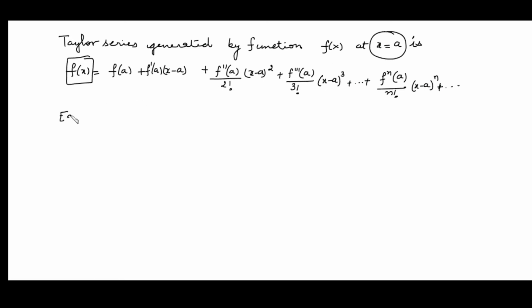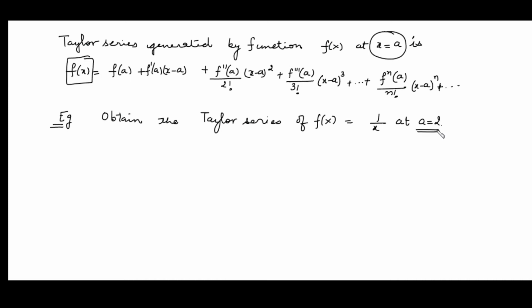Now for example, obtain the Taylor series of the function f(x) is equal to 1 over x at a is equal to 2. Now just see, what is given to you? f(x) is 1 over x, a is 2.